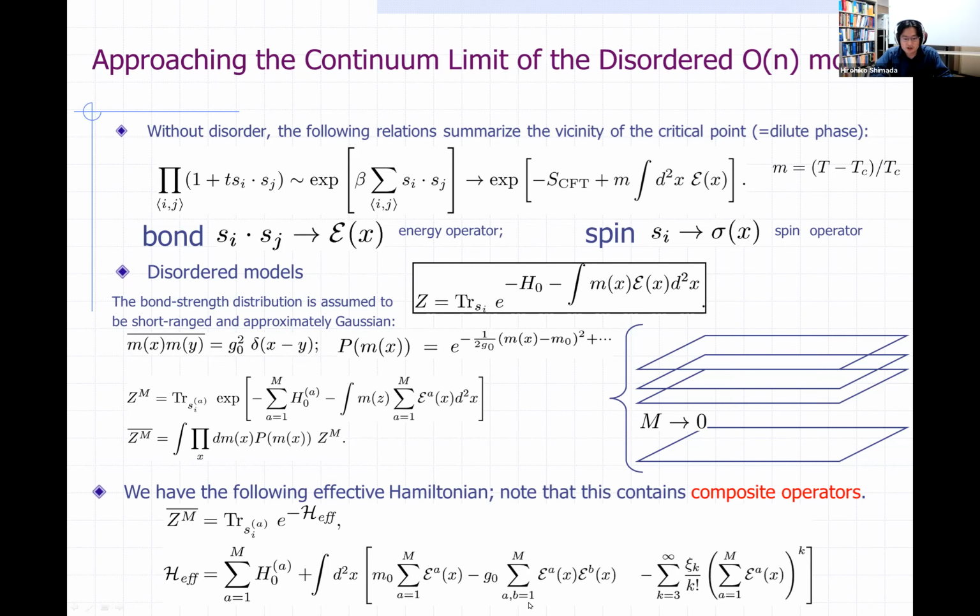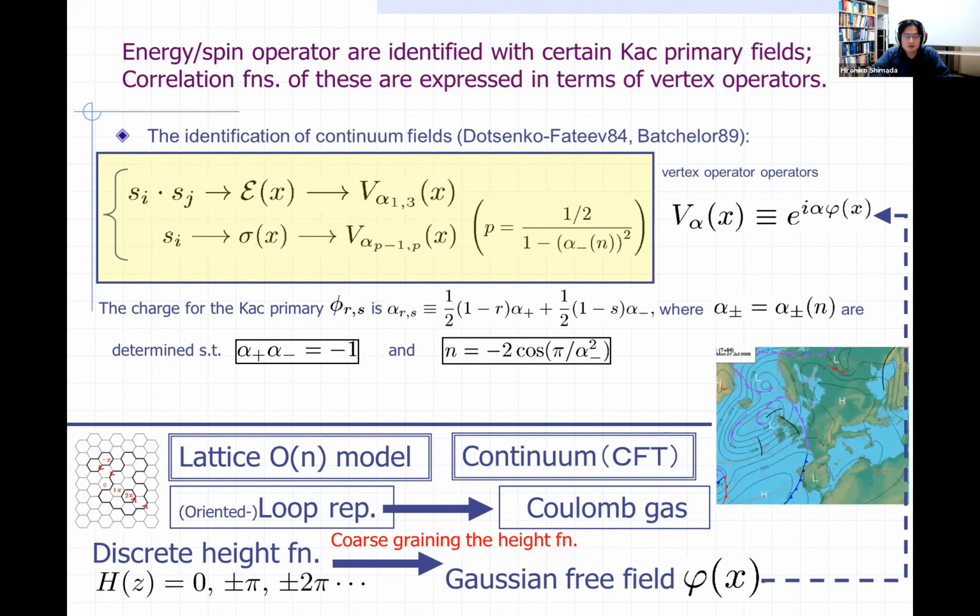In general, we have higher composite operators, but in the O(n) model the energy operator is identified with the (1,3) operator, so I use this vertex operator. And n is parameterized by this formula with minus 2 cosine pi over alpha, squared. The phi of this vertex operator comes from this lattice height function.